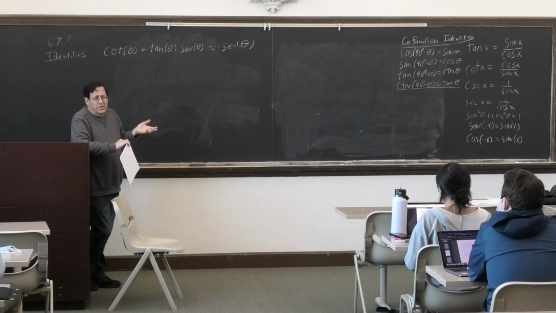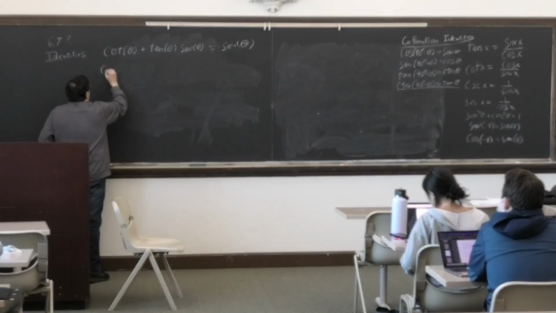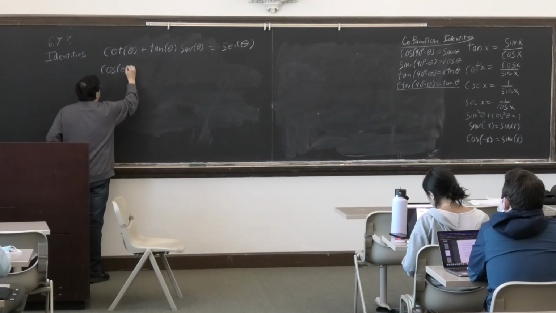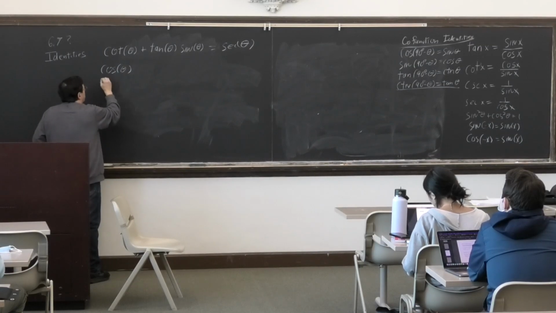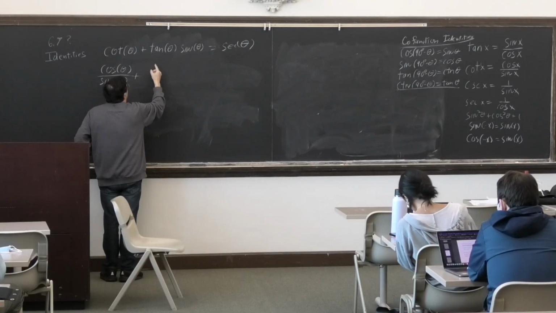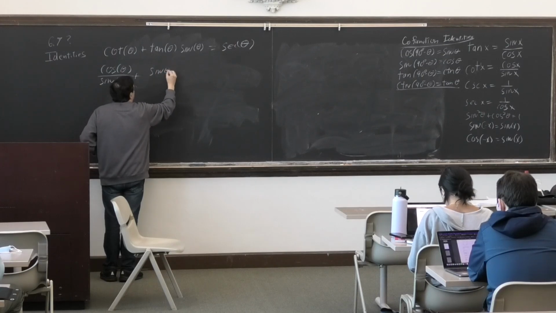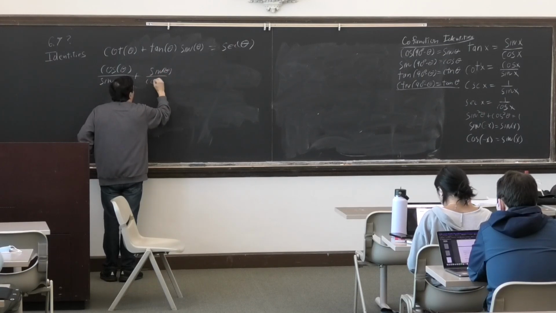That's often all you need to do to get through. So the cotangent is the cosine of theta over the sine of theta, plus tangent. Well, that's sine of theta over cosine of theta.